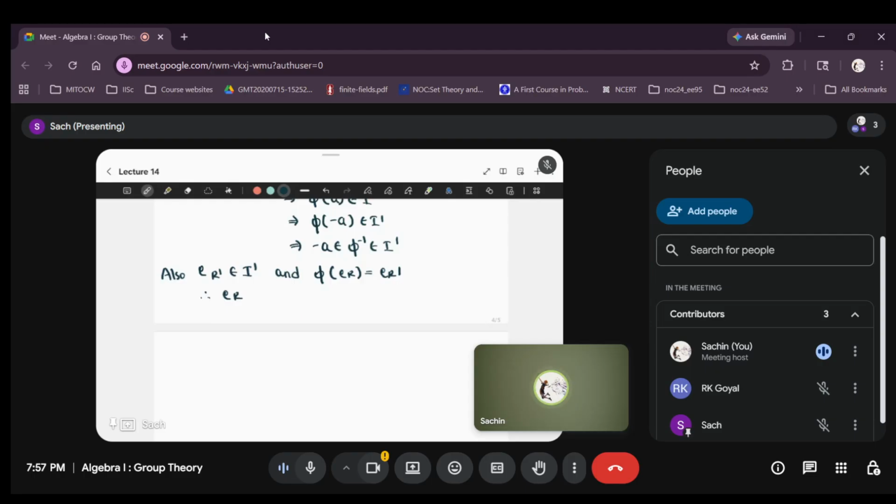So E_R will always belong to phi inverse of I prime for any ideal I prime. So it's a non-empty subset of R, which is closed under addition and closed under taking the additive inverse. So by the two-step subgroup test, it is an additive subgroup of R.